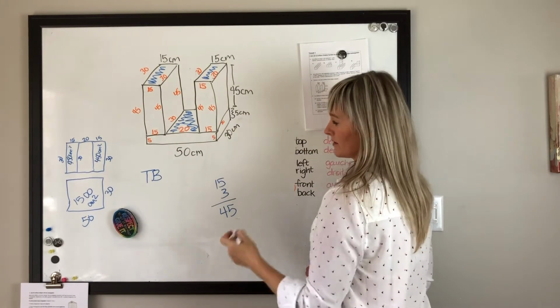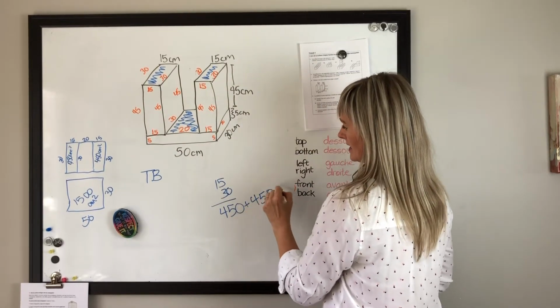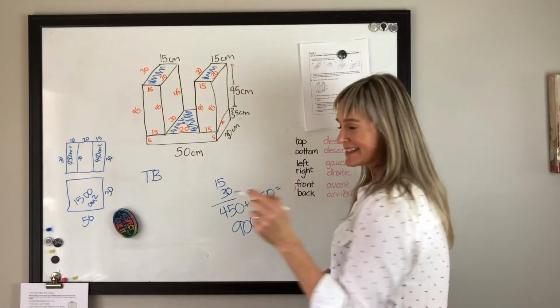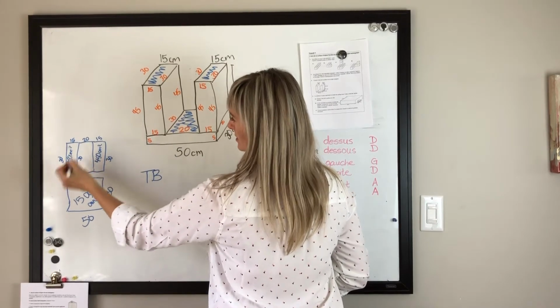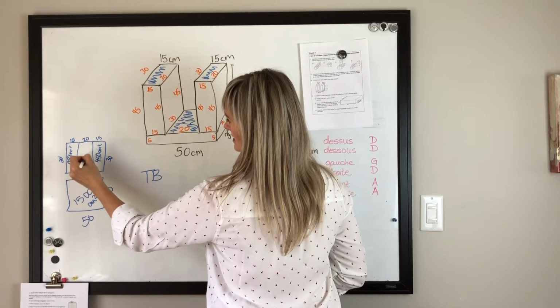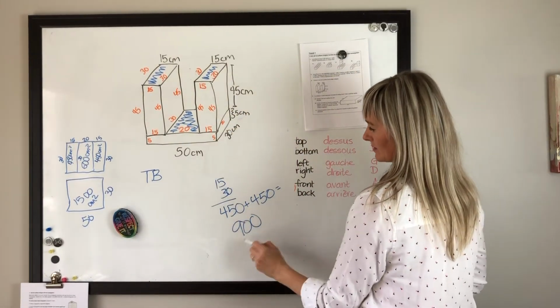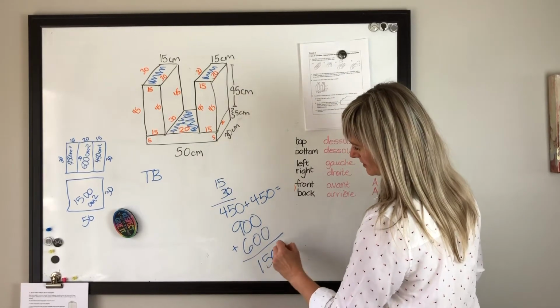All right, those two together, 450 plus 450 is 900. So far we have 900 plus 20 times 30. 20 times 30, or 2 times 3 is 6, so 20 times 30 is 600 centimeters squared. So now we have 900 plus 600, which of course gives us 1,500 centimeters squared.